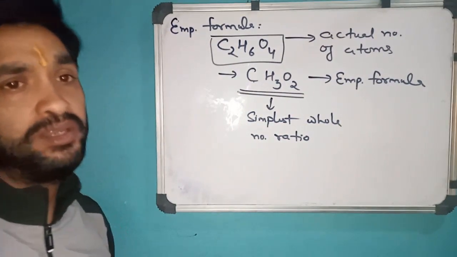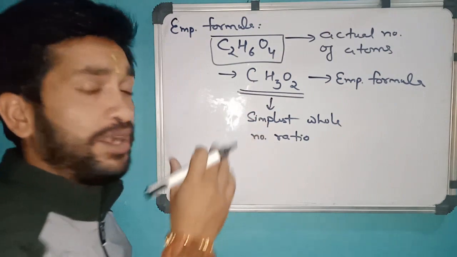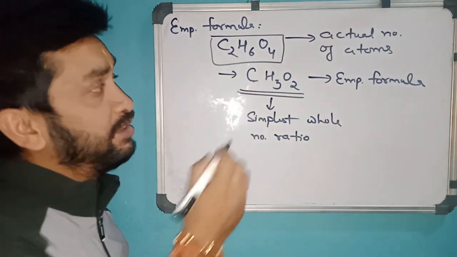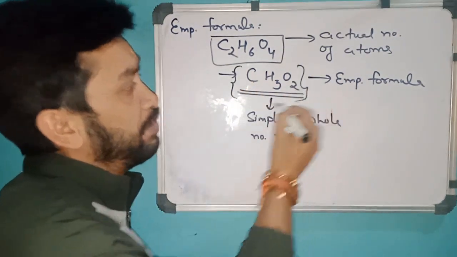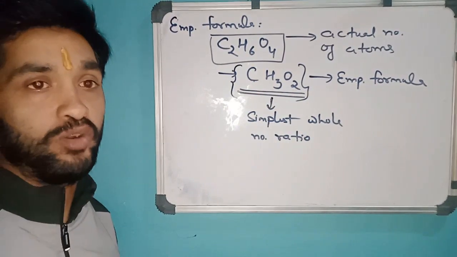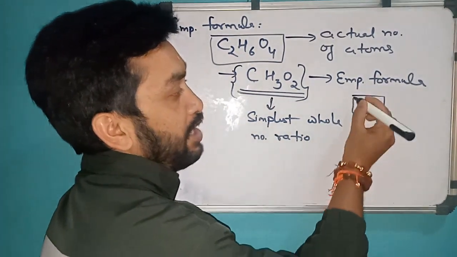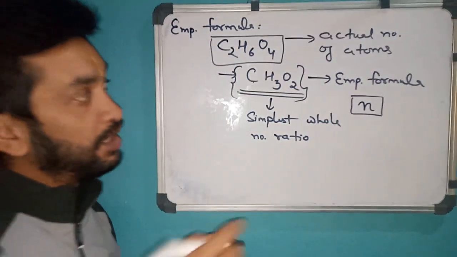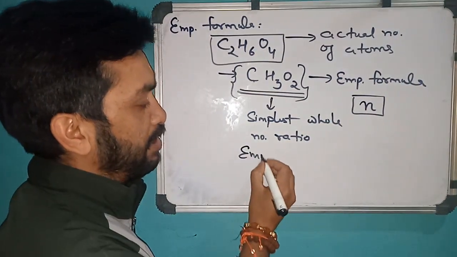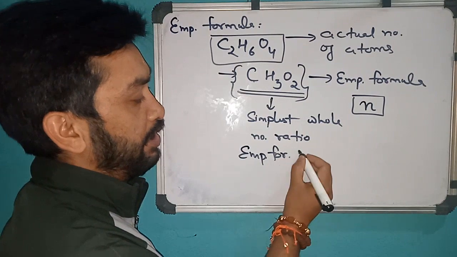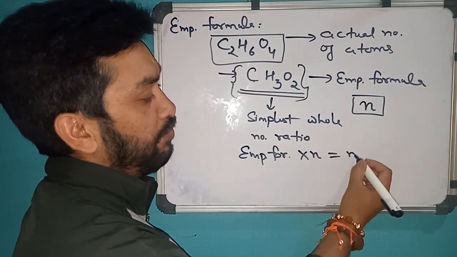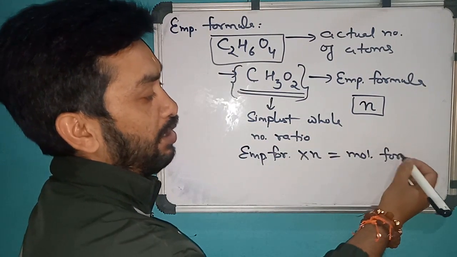So that is the difference between empirical formula and molecular formula, and I hope now you're getting that there is something which is between empirical formula and molecular formula, and that is denoted as N in your book. Okay, if you multiply empirical formula by N, it will give you molecular formula. How?